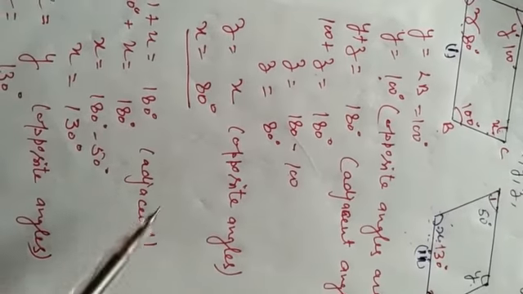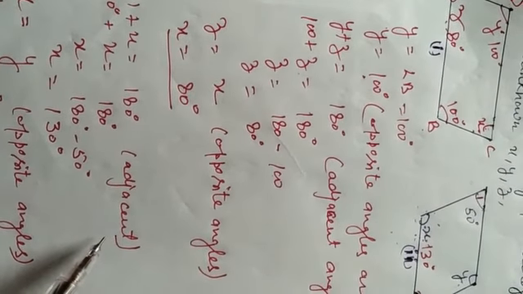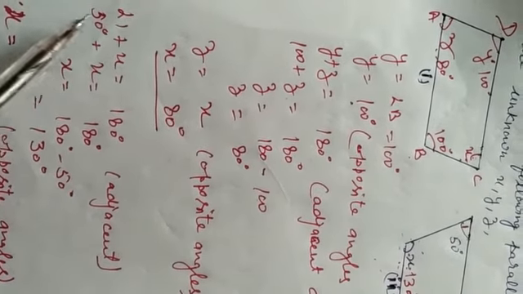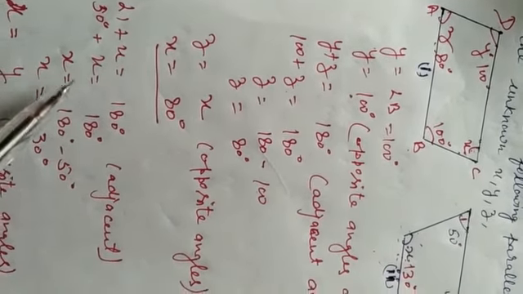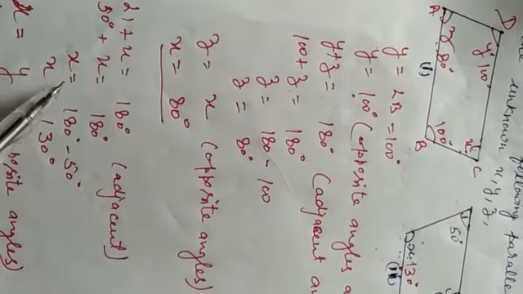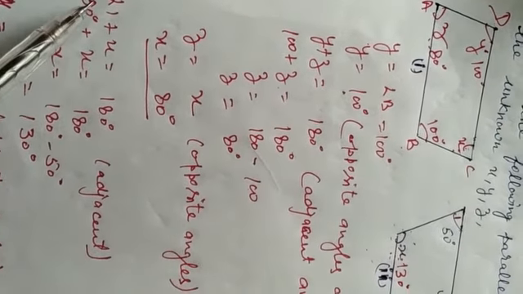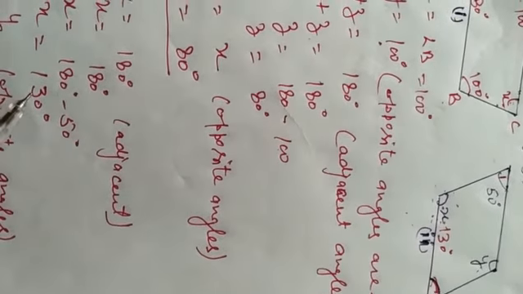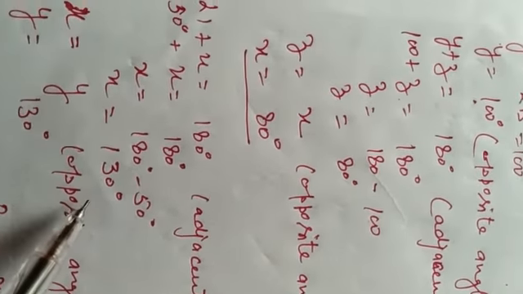Angle 1 plus x are 180 because both are adjacent angles of the parallelogram. So 50 plus x is equal to 180, so x will be 180 minus 50, that 50 will move to this side. Then the value of x will be 130.